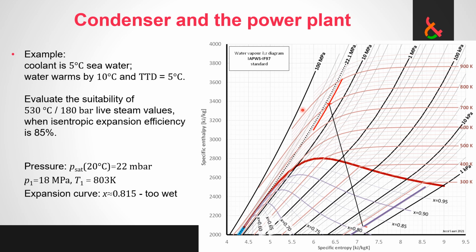So let's say 80 bar instead of 180. Find the new endpoint. It's right over there. New expansion curve. Now we're at about 87-88% steam quality, and that's quite okay. So we can live with that and call it done.